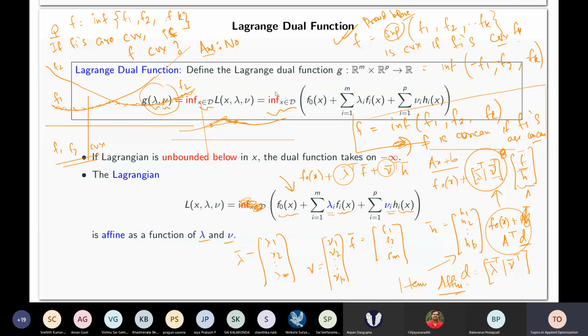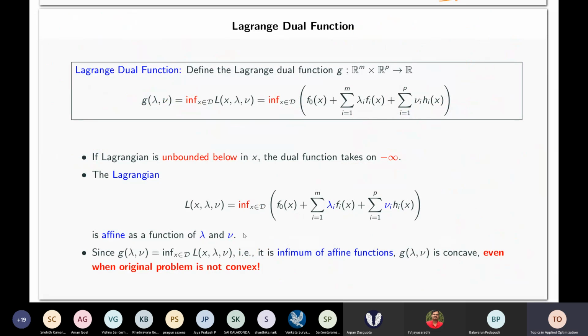If we take the infimum of these affine functions, since we are talking about infimum and the inside functions are concave because they are affine, one thing is guaranteed: this is going to be concave. So g(lambda, nu) is going to be concave.